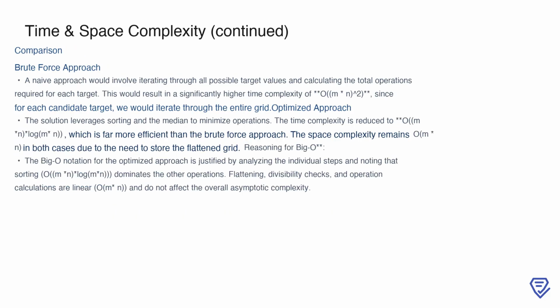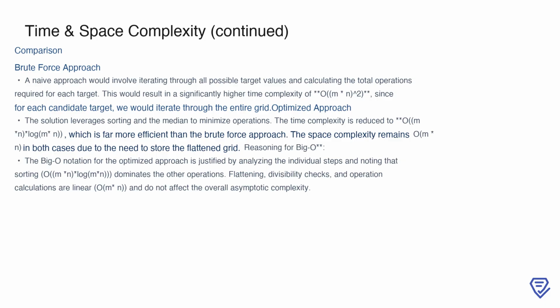When comparing this optimized approach to a brute force solution, the efficiency becomes clear. A naive method would involve iterating through all possible target values and calculating the operations required for each. With m*n elements in the grid, this would result in a time complexity of (m times n) squared, a significant computational cost.